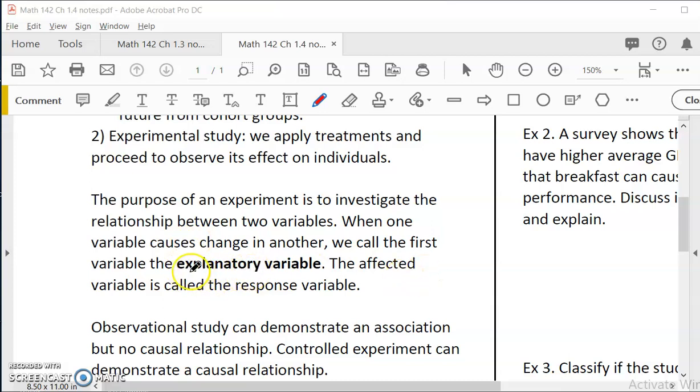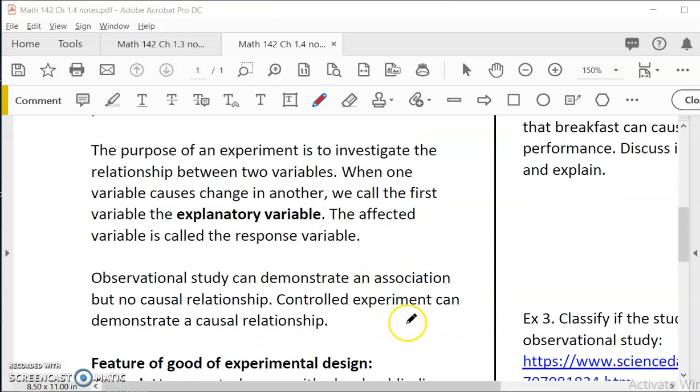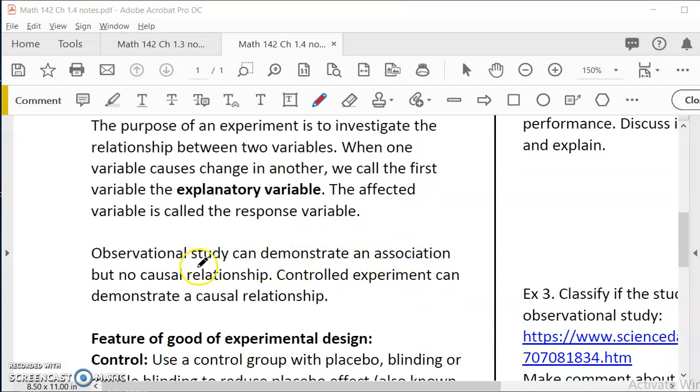The affected variable is called the response variable. An observational study can also study the explanatory and response variable relationship, but it can only demonstrate an association. You cannot establish a causal relationship. You cannot say that the explanatory variable caused it.